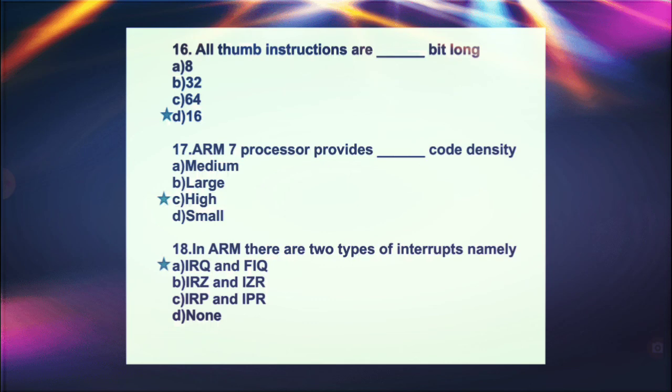The correct answer is high code density. Next question. In ARM, there are two types of interrupts, namely IRQ and FIQ, IRZ, IZR, IRP, IPR, or none of the above. IRQ and FIQ is the correct answer.